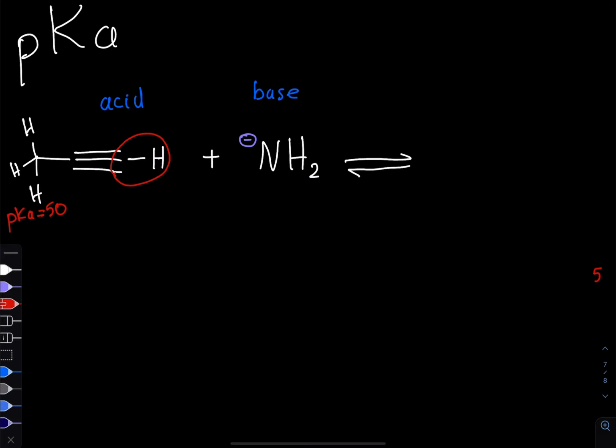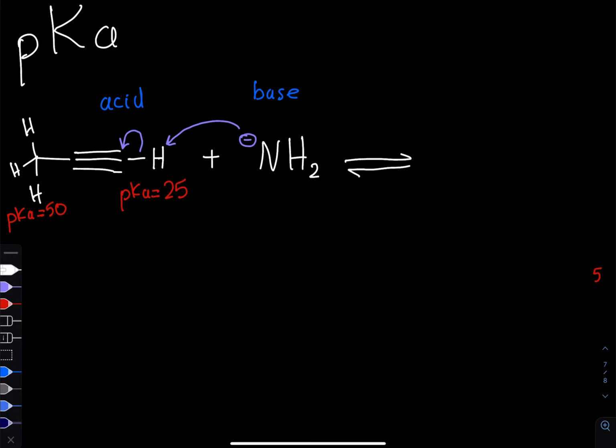But this one is going to have a pKa of 25 because it's attached directly to a carbon that's in a triple bond. So what's going to occur is that the lone pair on this nitrogen is going to attack this hydrogen, and then the bond of that carbon-hydrogen bond is going to go back to the carbon.